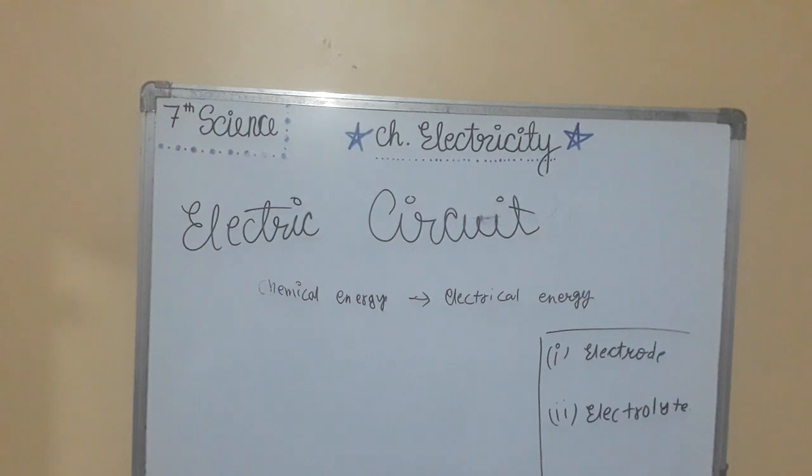There are two types of electrodes. First, the positive electrode, called the anode. Second, the negative electrode, called the cathode. The diagram is like a container.